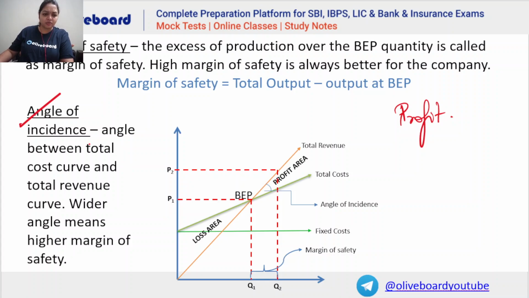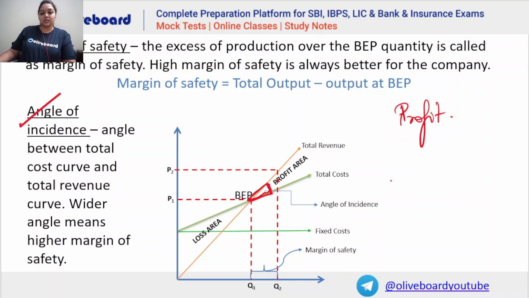Now what is angle of incidence? The angle between total cost curve and total revenue curve. A wider angle means higher margin of safety. So can you see this angle? This is the total cost curve, this is the total revenue curve, this is the angle between them.